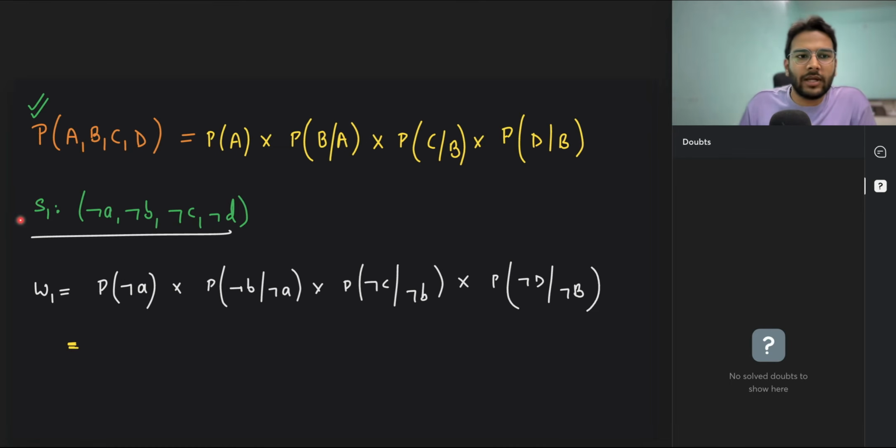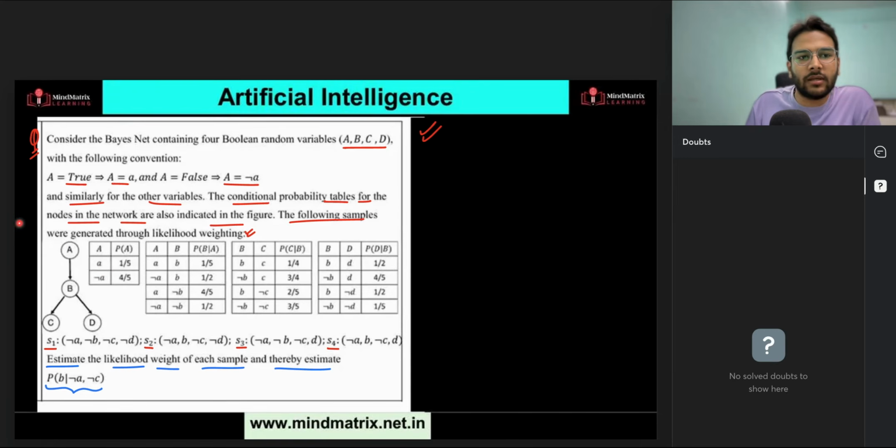See, this value, probability of not B given not A, what can you say about this one? Can I say this will be equal to 1? Yes or no? Understand this carefully.